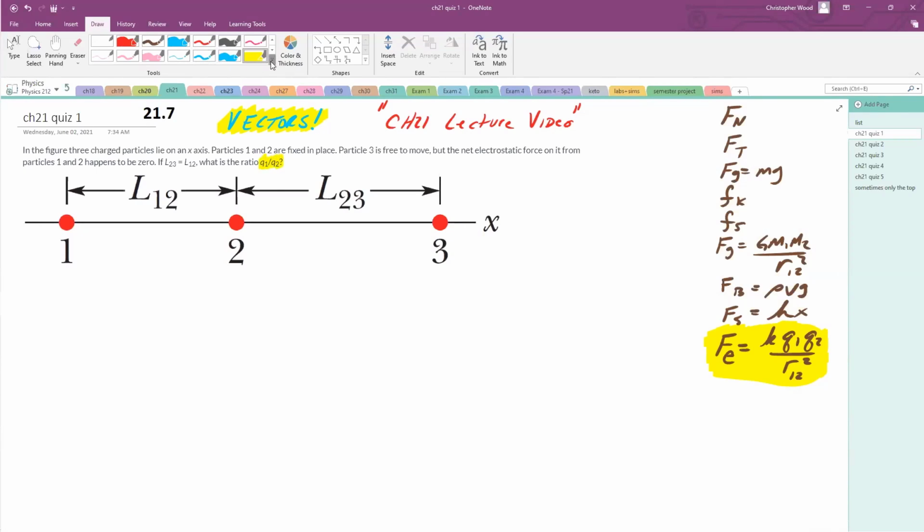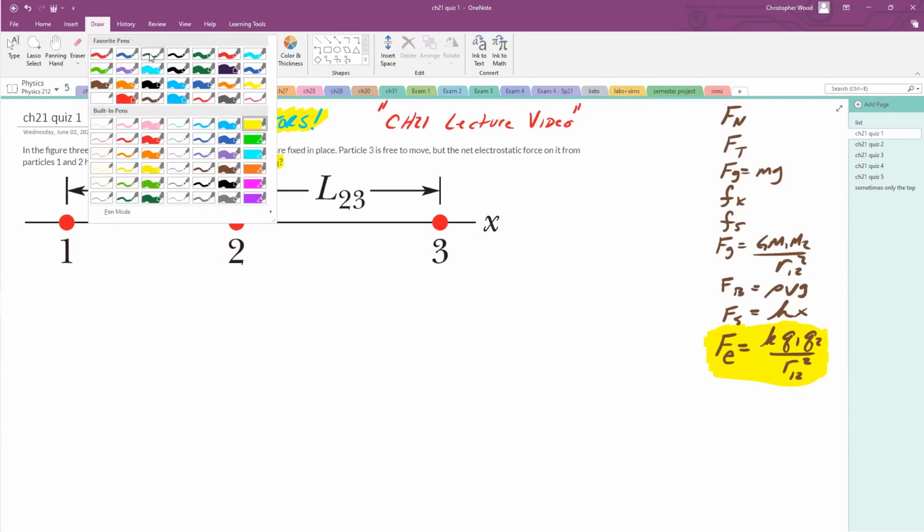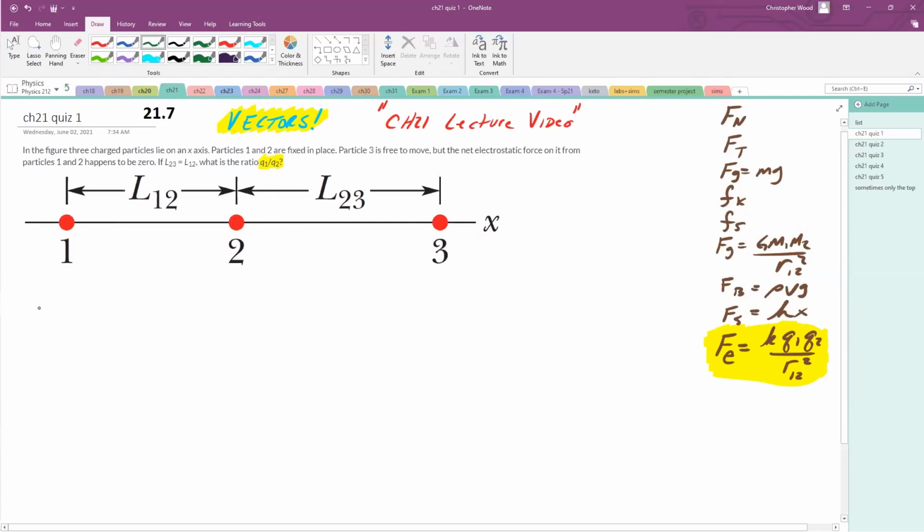Here's my approach. This is a force problem, which means vectors, and a vector means magnitude and direction. We've seen a lot of this before with gravity. There are a lot of parallels between gravitational force and electrostatic force. The one big difference is that the gravitational force is always attractive: one object will always pull on another object.